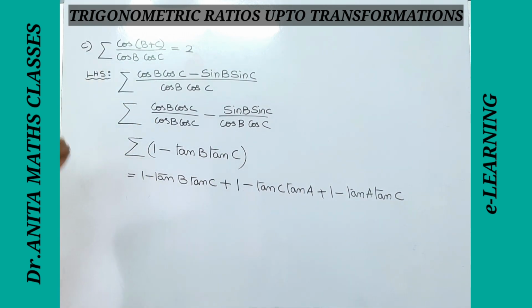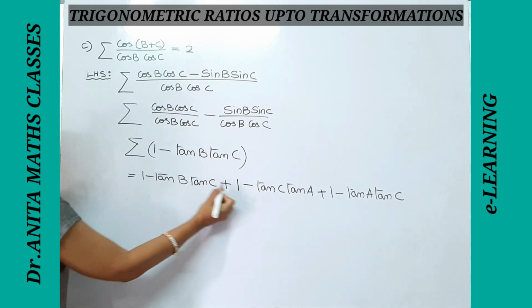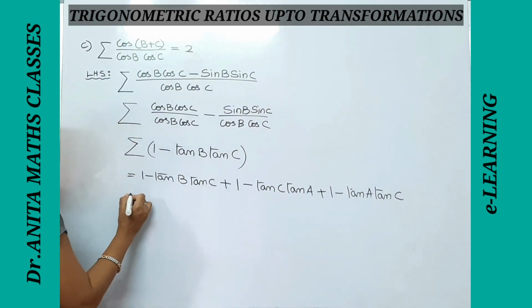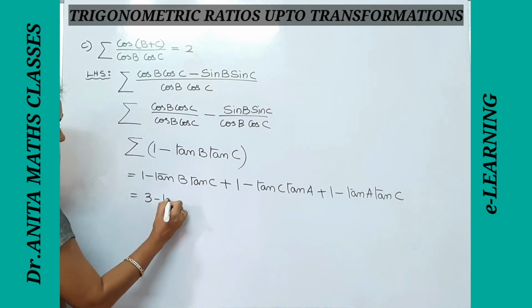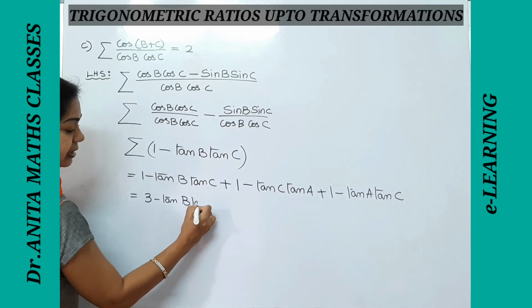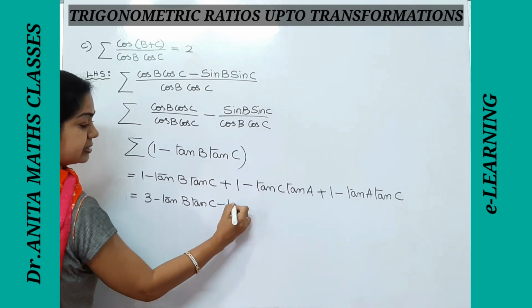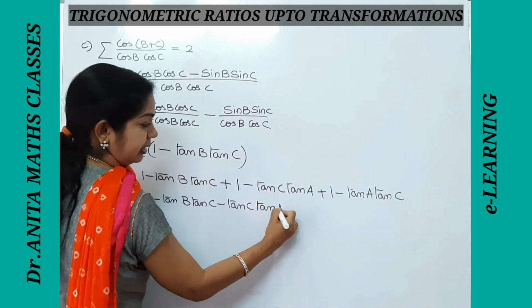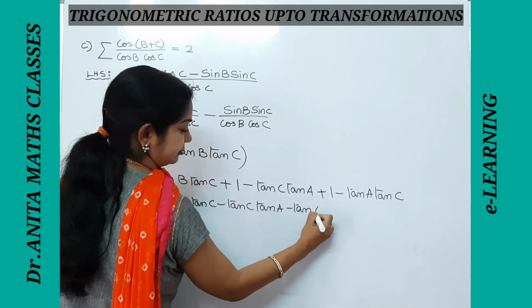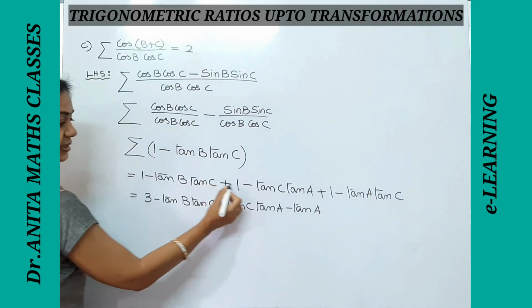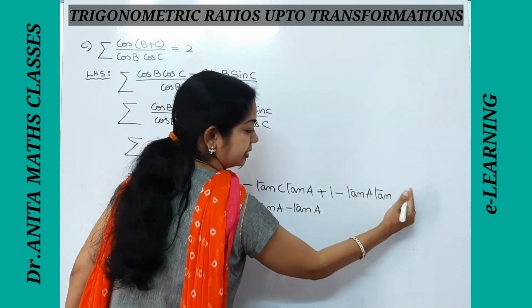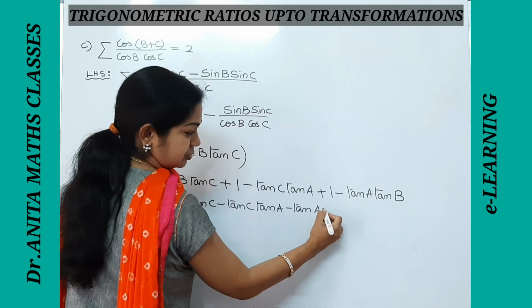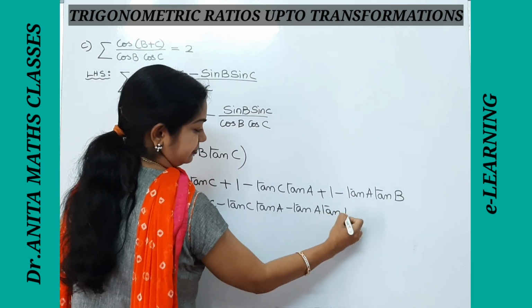Now if you take this, here 3, 1, 1 and 1. So that clearly gives us 3 minus tan B tan C, minus tan C tan A, minus tan A tan B.